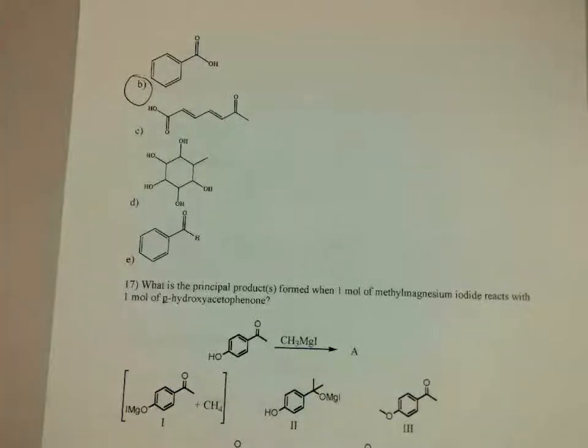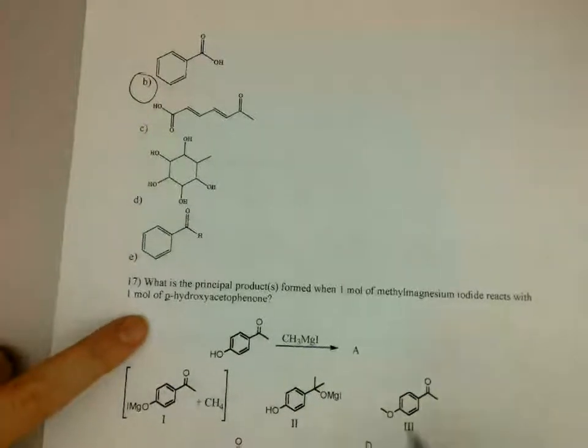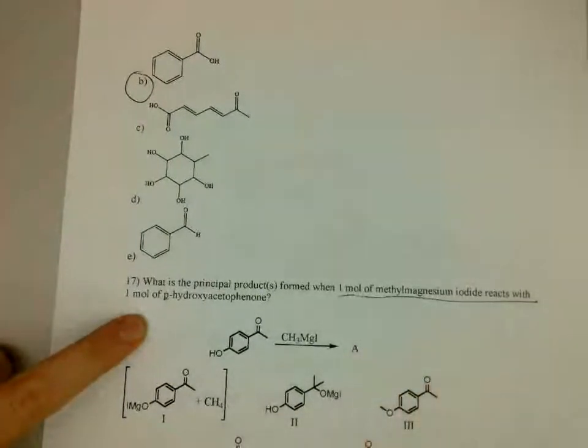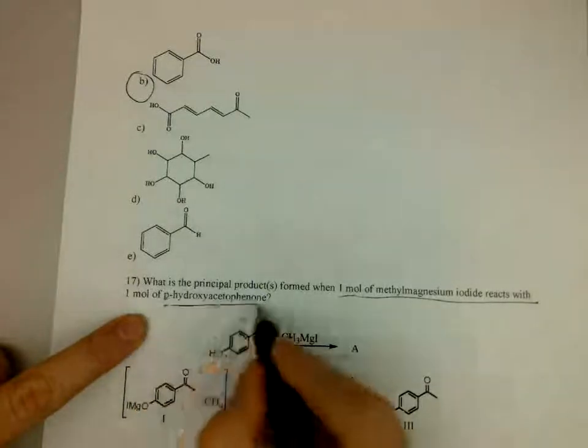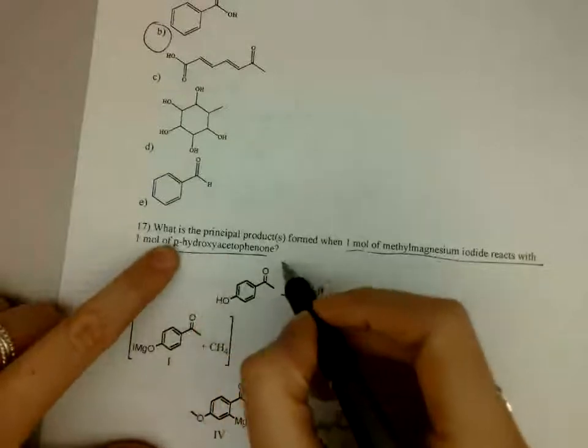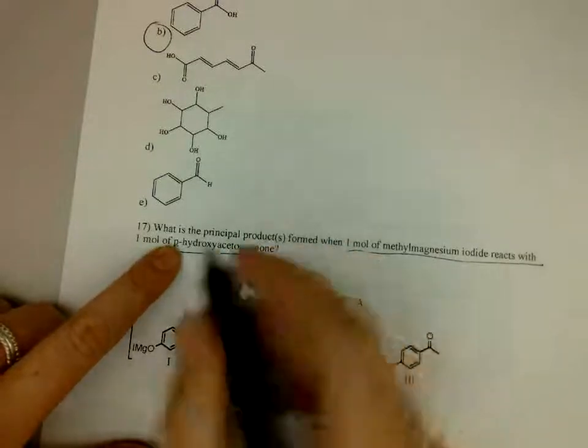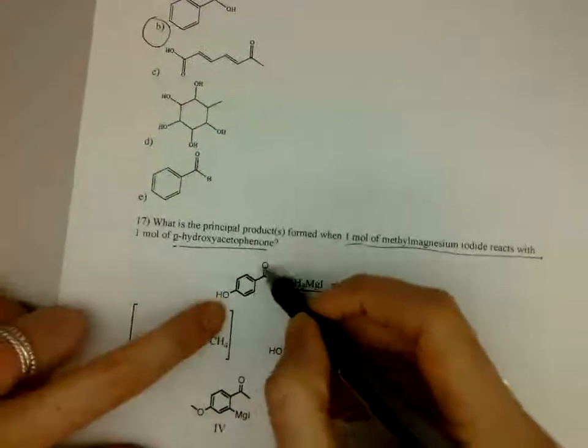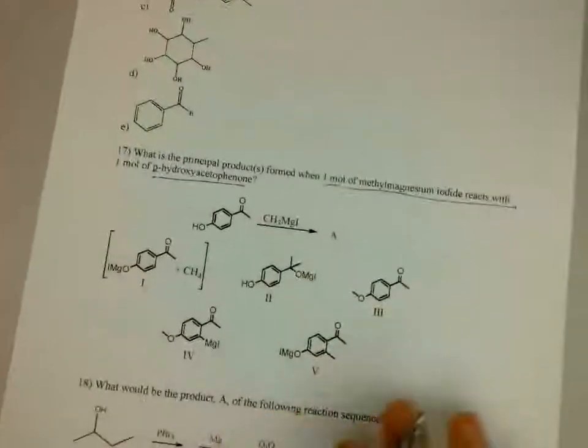Okay, and then question 17. What is the principal product formed when 1 mole of a Grignard reagent reacts with para-hydroxyacetophenone? I guess you don't need to know this nomenclature yet. We'll get more into that in a later chapter, but this is the structure, para-hydroxyacetophenone.